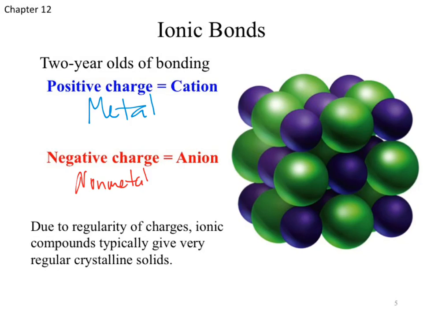In general, due to the regularity of charges, because we got this positive-negative issue with putting these together, you end up with very large, very organized structures. So what they've got shown there may look like just a bunch of spheres, but that's a very good representation of sodium chloride. We take an individual formula unit of sodium chloride.